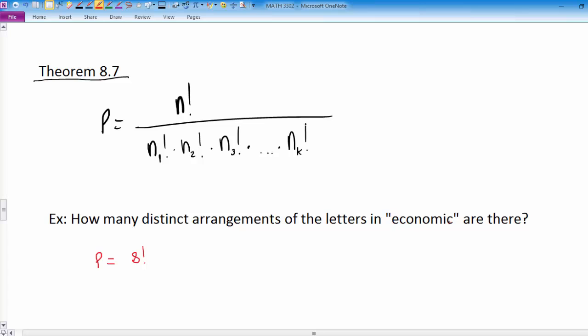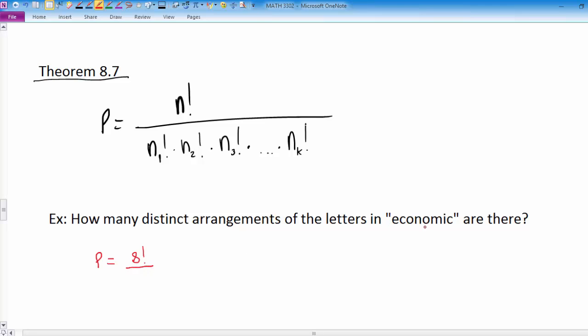You basically start the problem by considering all of these letters to be distinct. So this would be E, this is C1, and this is C2, this is O1, this is O2. So consider all of them to be distinct. When you arrange the letters, you're actually picking 8 of those letters out of 8, and you're arranging them. So that will be 8 factorial.